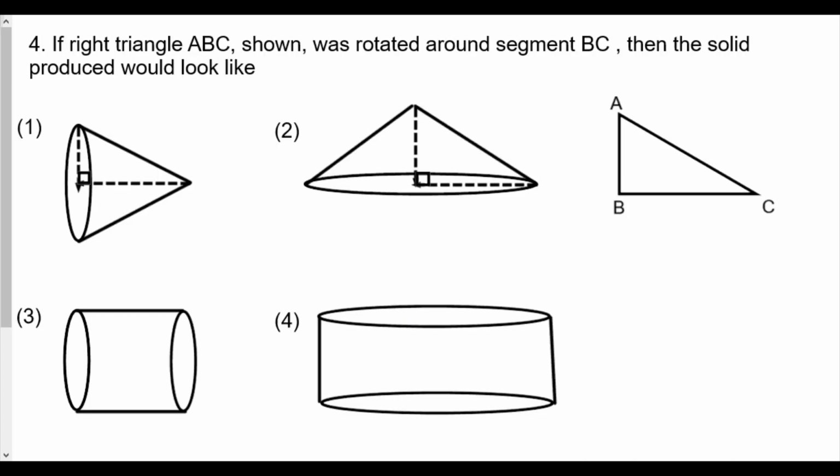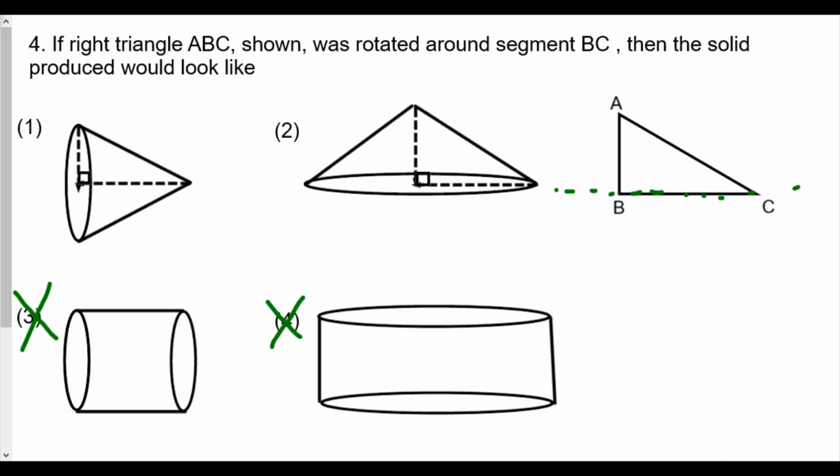And so now question number 4. If right triangle ABC is rotated about segment BC, then the solid produced would look like the following. Well, definitely not like a cylinder. If it was a rectangle, it would be a cylinder, and we're rotating about this axis here. A rectangle would be a cylinder, so definitely not this one or this one, because we don't have a rectangle.